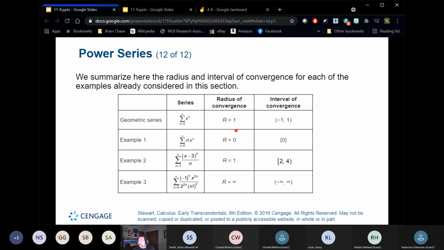Example 2 that we looked at, the radius of convergence is still 1, just what I just showed you, and we're going from 2 to 4. And notice how they put it with the 2 with the bracket and the 4 with the parenthesis. The Bessel function, which I really didn't talk about much, its radius of convergence is infinity, so basically it converges for any value of x. No matter what the value of x is, this will converge.